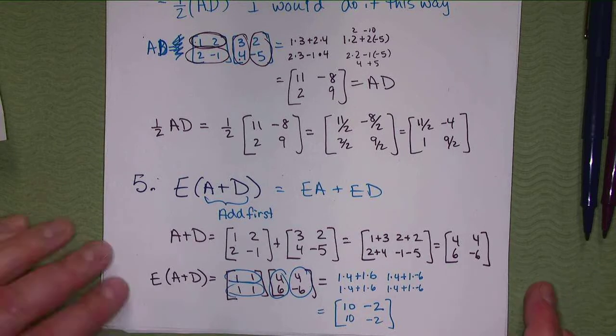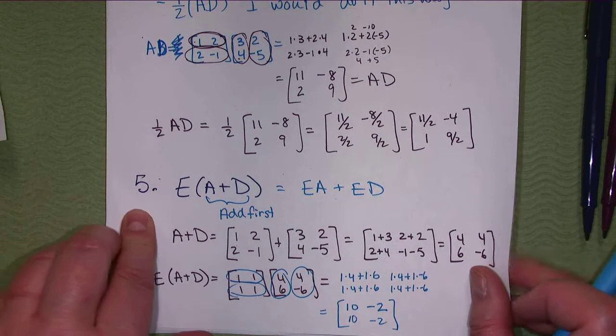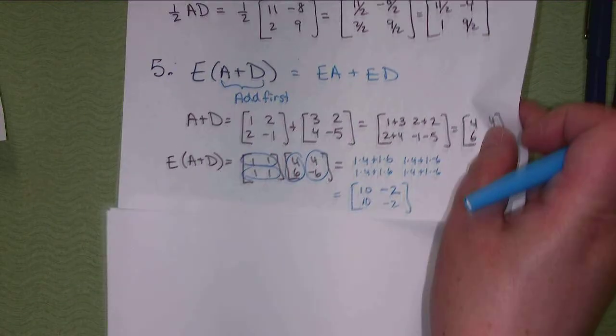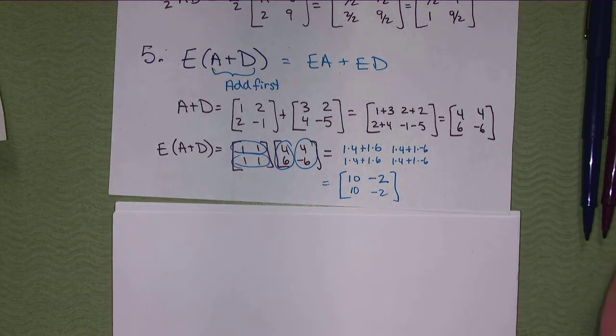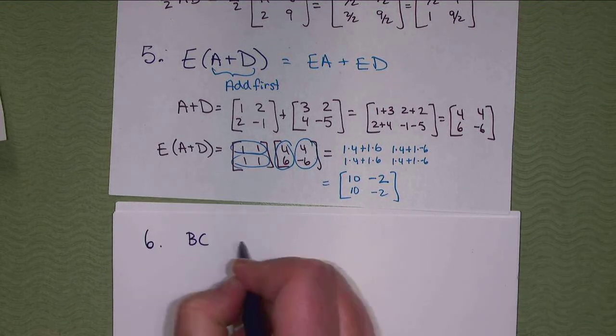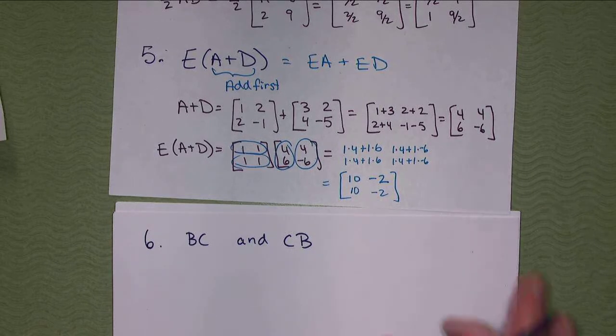That's number 5. Number 6 says what? B times C, and C times B. Did we do one of these already?